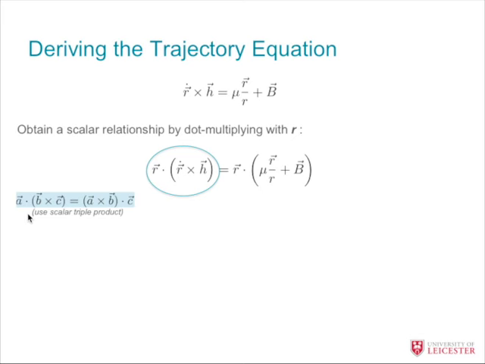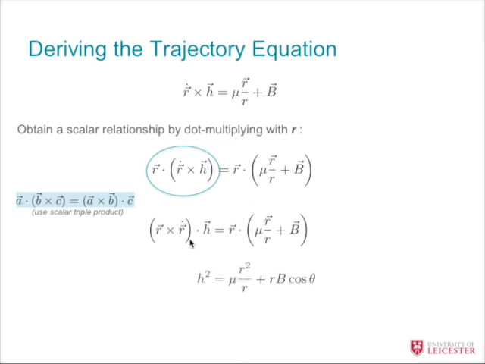I can use the scalar triple product on the left-hand term. So I end up with r vector crossed with the vector dr by dt dotted with h on the left-hand side. And I'm not going to do anything with the expression on the right-hand side because it will lead to a simplification without any further steps.